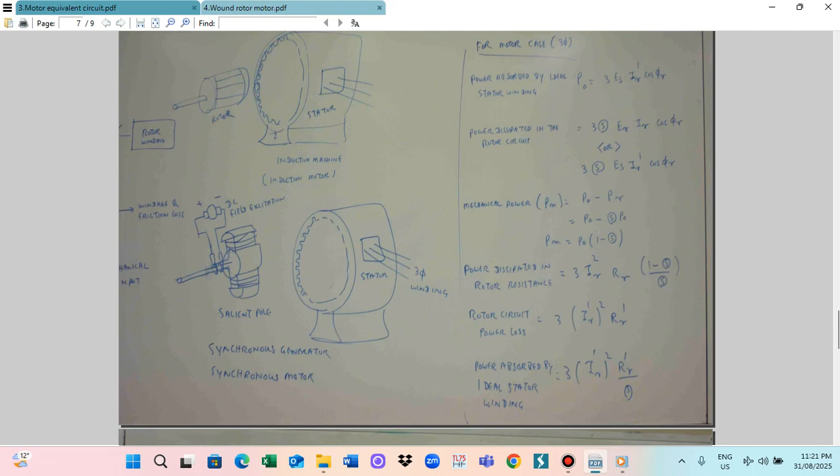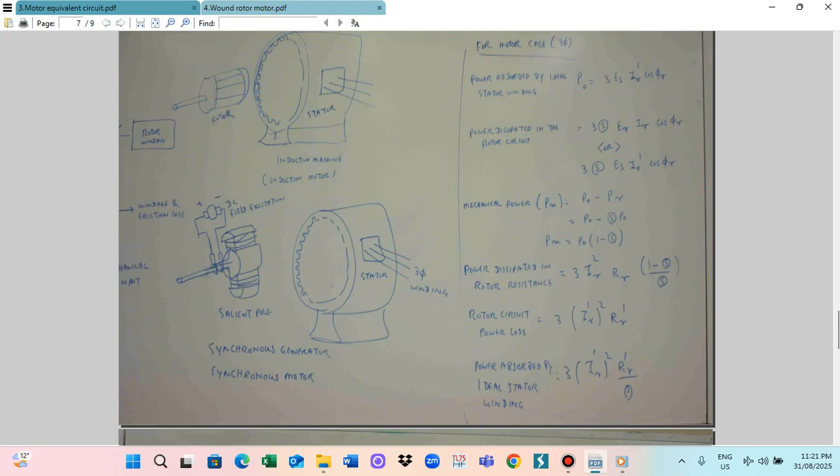Next, we set up the rotor power absorbed by the stator winding, and we can also calculate the gross mechanical power output. Okay, this is the equation for the three-phase motor case. The power absorbed by the stator winding is P0 = 3 Es Ir' cos phi r.